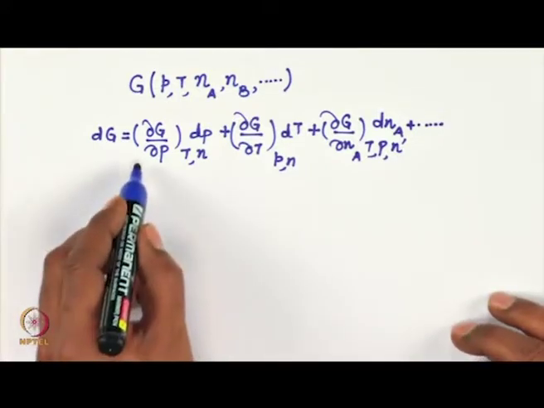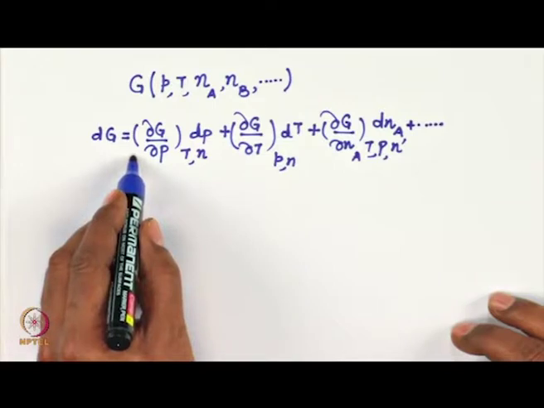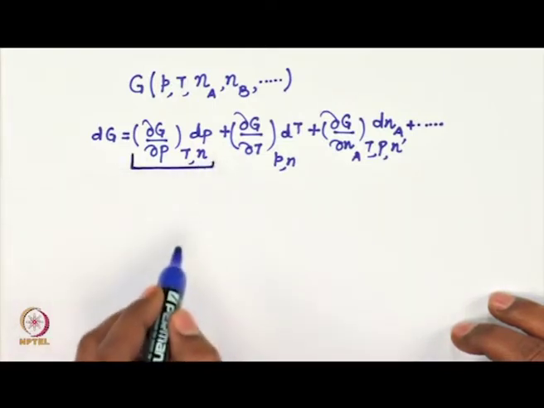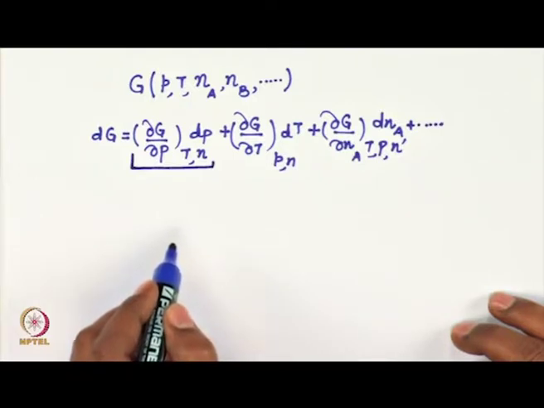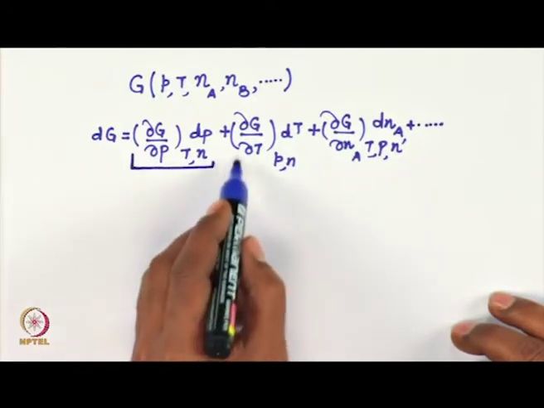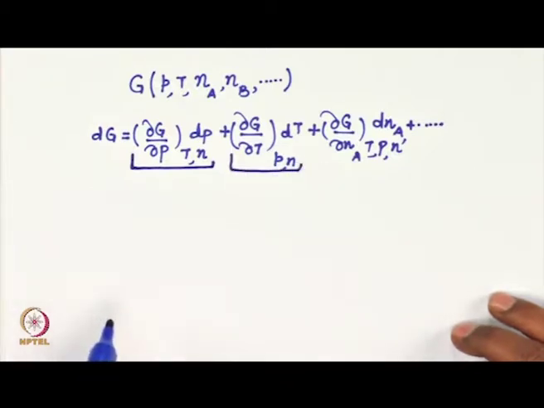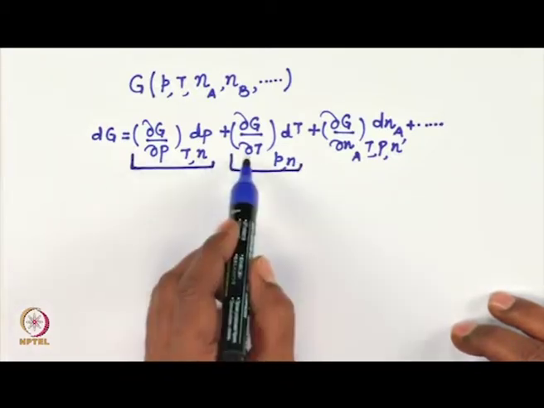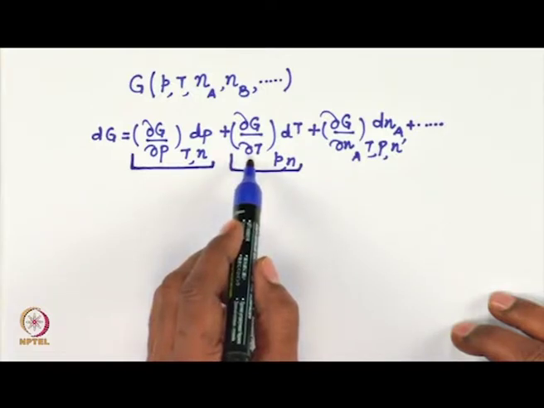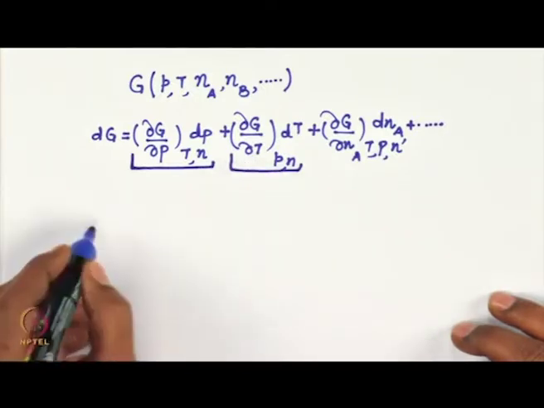And we have earlier discussed that when the composition is constant, what is the meaning of dG by dP at constant temperature. We have also discussed what is the meaning of dG by dT at constant pressure. This is volume, this is minus S. We have discussed several times earlier.